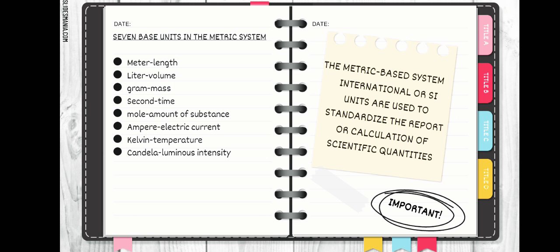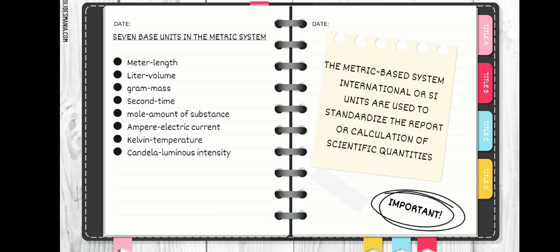So the 7 base units in the metric system are meter, liter, gram, second, mole, ampere, Kelvin, and candela, with each property: the length, the volume, the mass, time, amount of substance, electric current, temperature, and luminous intensity.